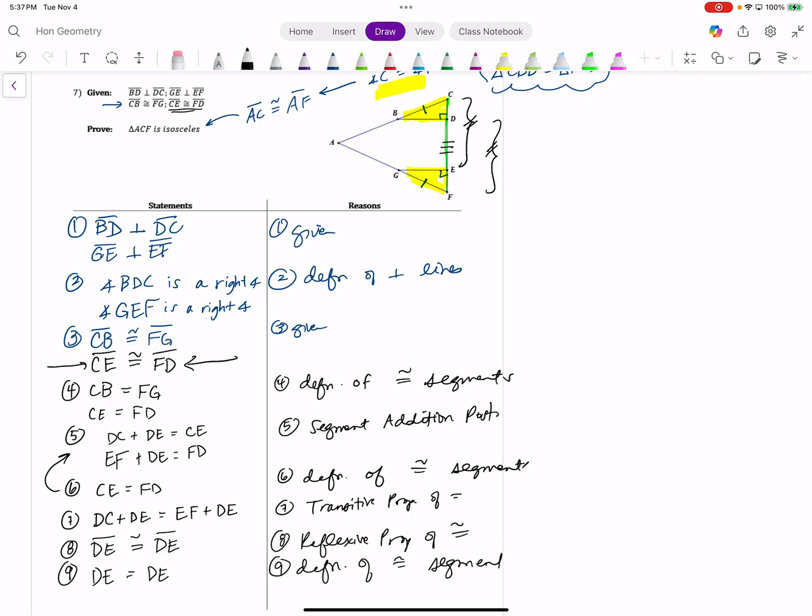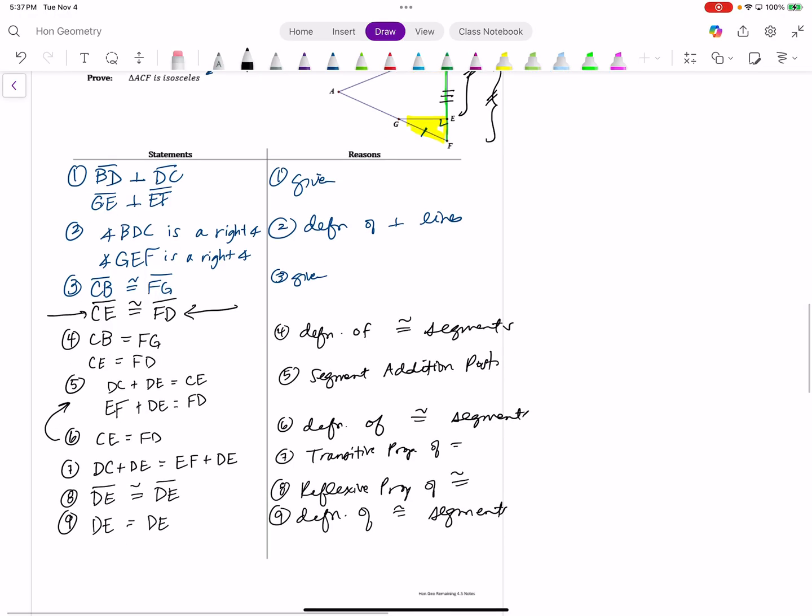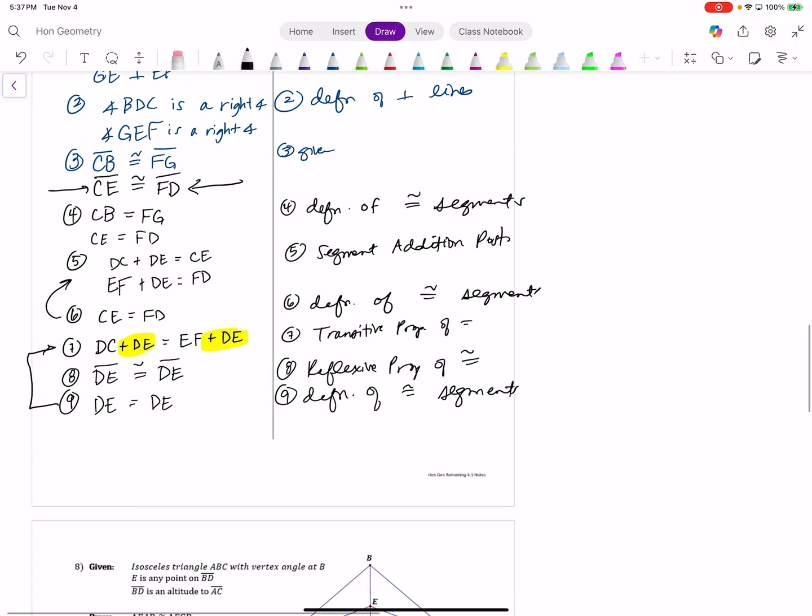No wonder I gave you the whole page on this one. Because now we can take that, come up to here, and we can subtract the same thing off each side because we have stated they're equal. Like, if it's just a 7, we don't need to do that because 7 is 7. But we do need to say that that's congruent to itself, which makes them the same length so that we know that we're subtracting the same thing. So that leaves us with DC equals EF because of the subtraction property of equality.